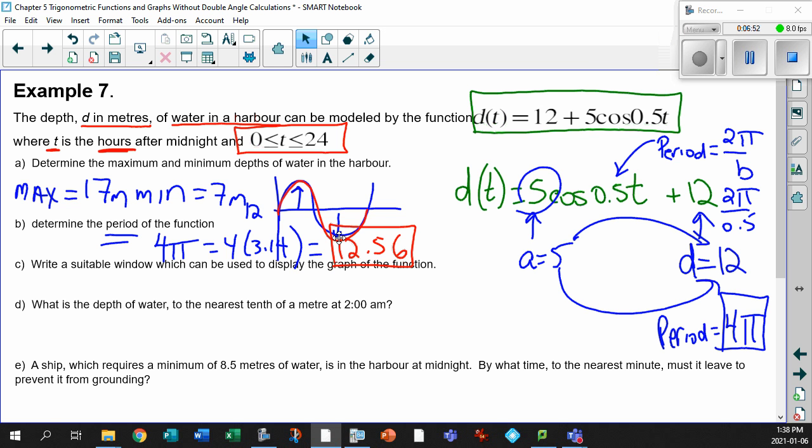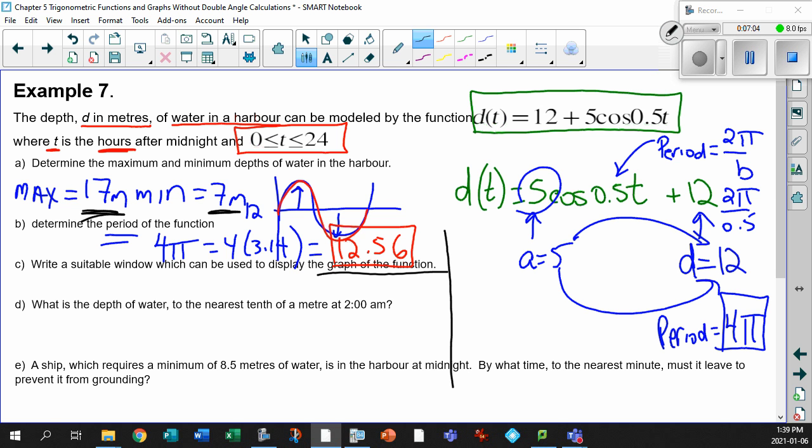Okay, write a suitable window setting which can be used to display the graph of this function. Well, think about it. You've got a max of 17, you've got a min of 7. So are you going to put the 0 right here? Of course not. If anything, the 0 is going to be way down here. Your d value, in fact, is going to be 12.